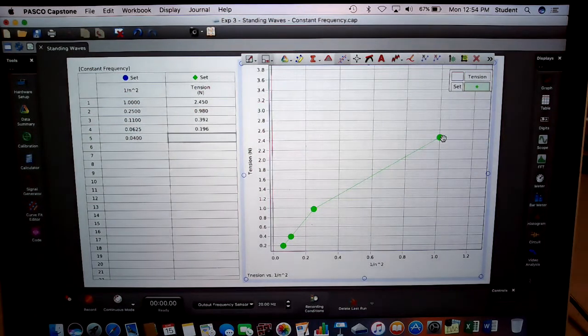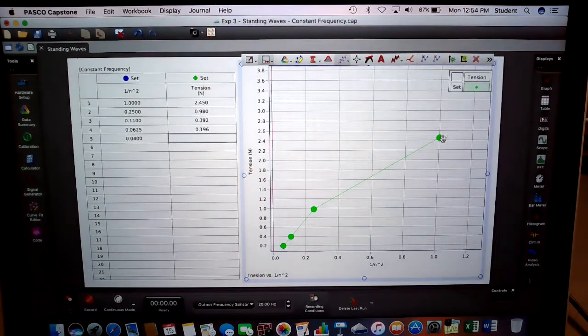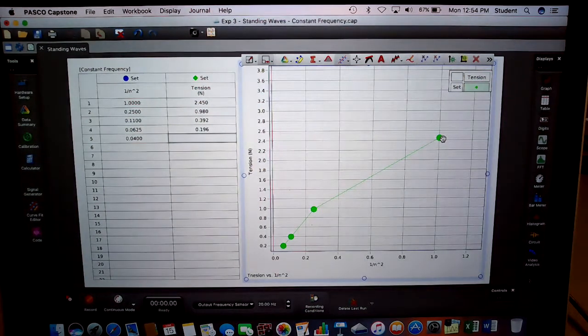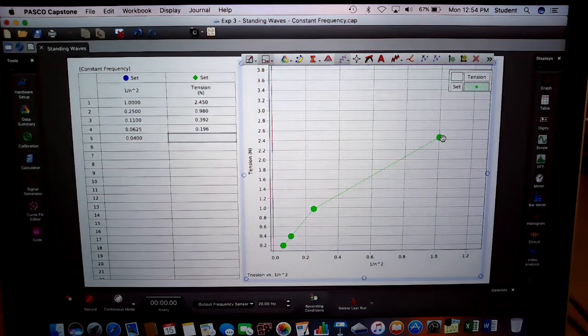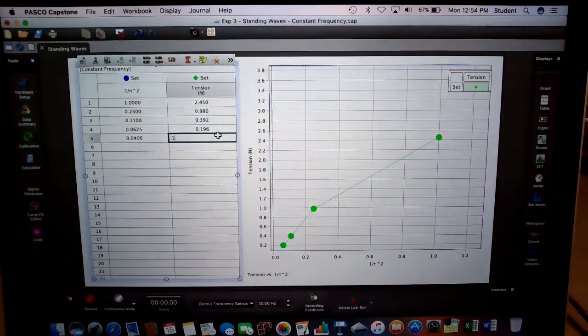And then my last point is going to be 15 grams, okay, 0.015, and we multiply that by 9.8. All right, so 0.147. Here we go, 0.147.